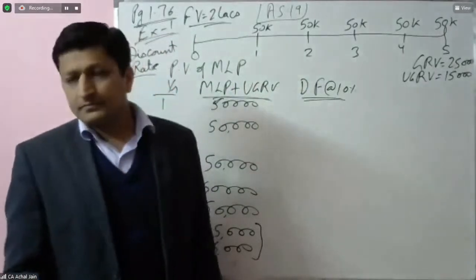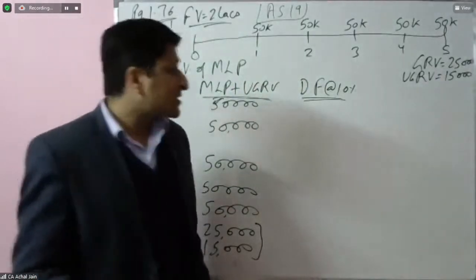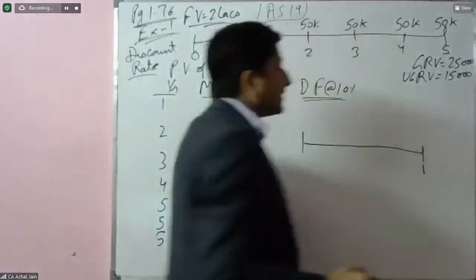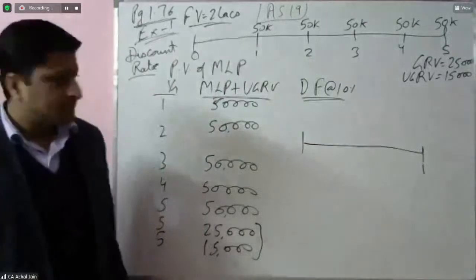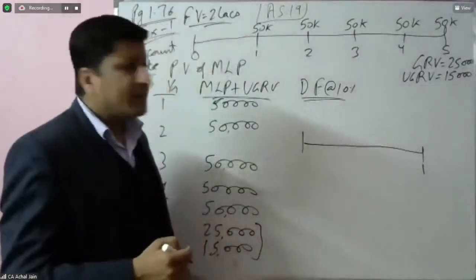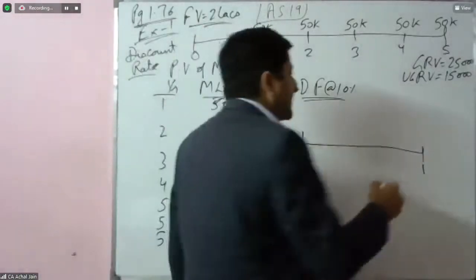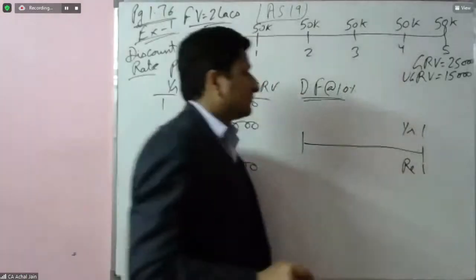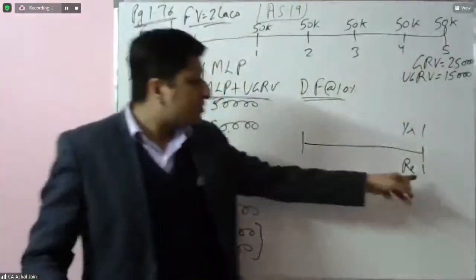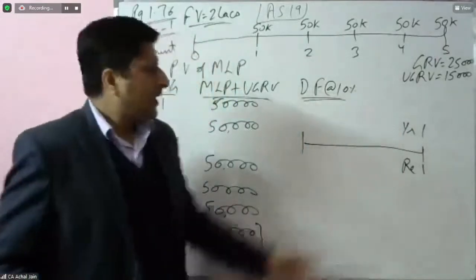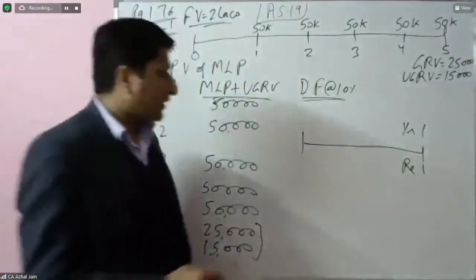Discounting factor. So for the first year, what is it that we are trying to check? Let's suppose we have rupee 1 at the end of 1 year.